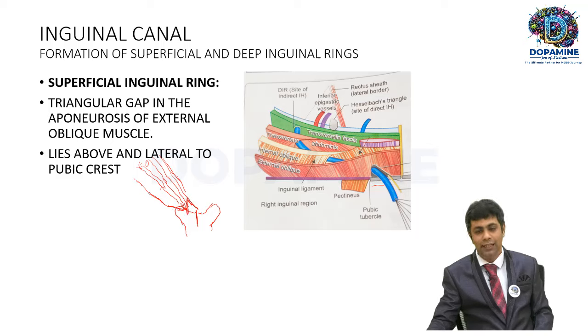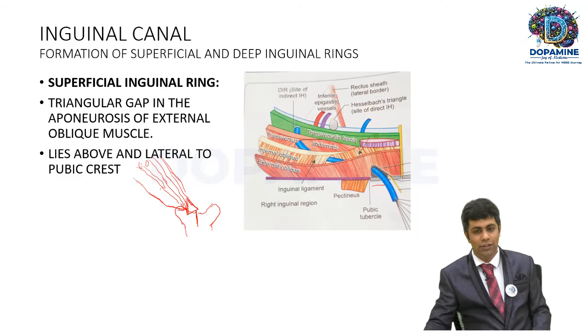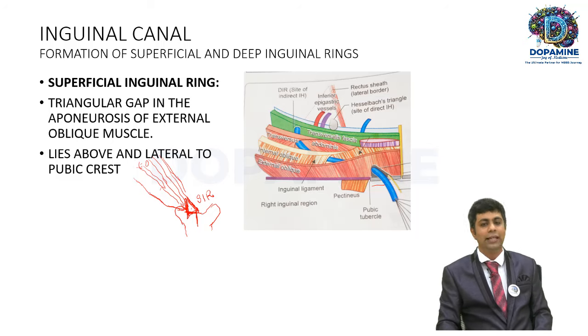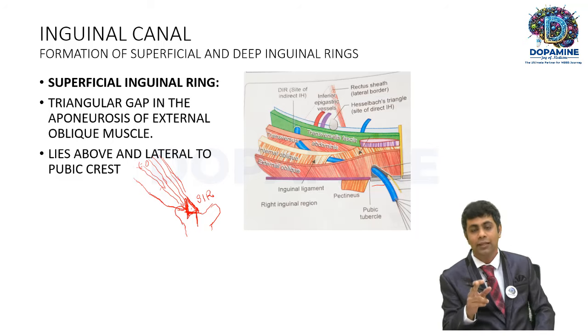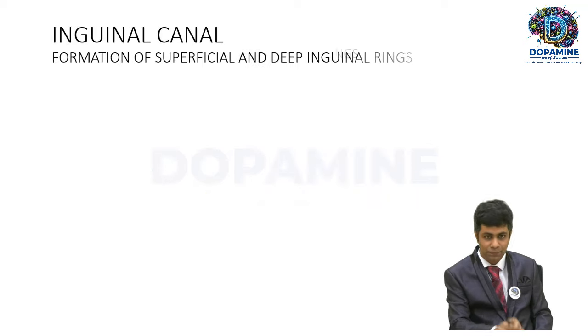This triangular deficit is bounded at the base by the pubic tubercle, and we have the medial crura and the lateral crura. So this defect is the superficial inguinal ring or the external inguinal ring. This defect is formed by the aponeurosis of the external oblique muscle.